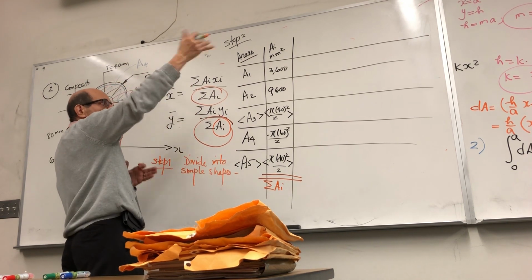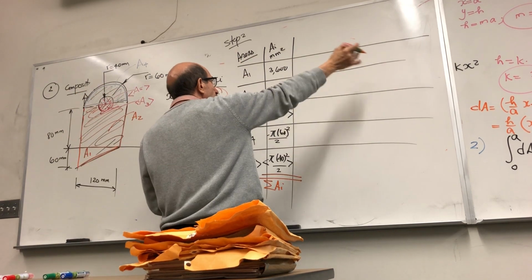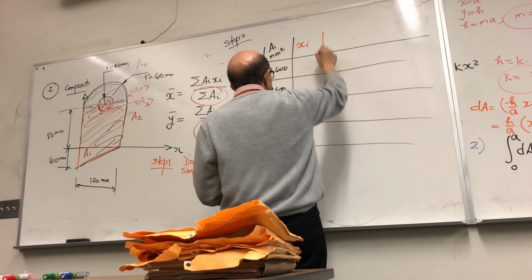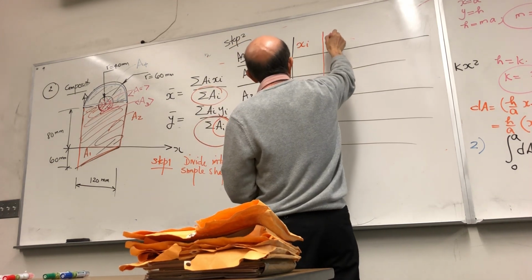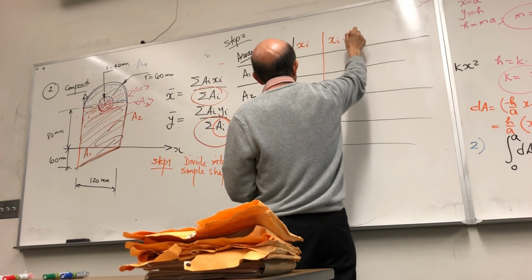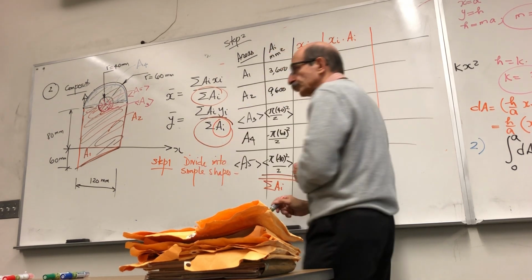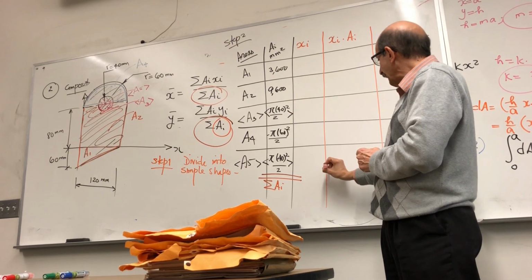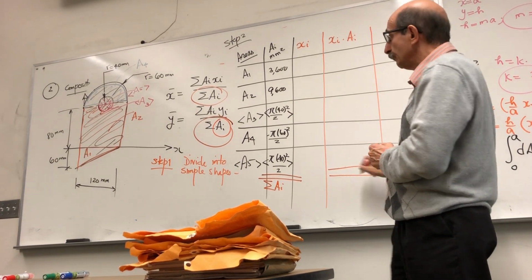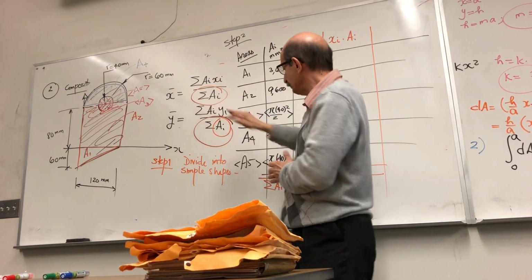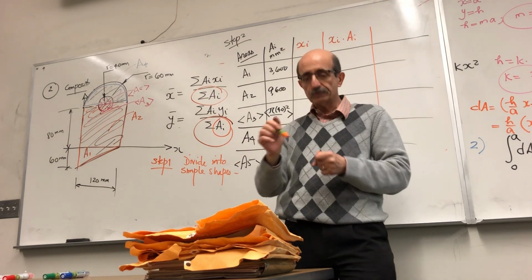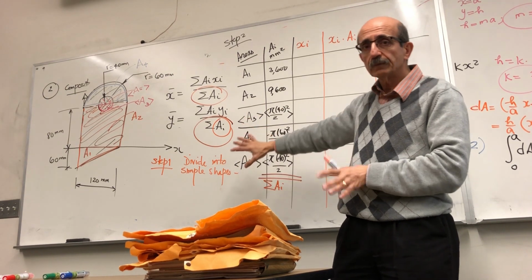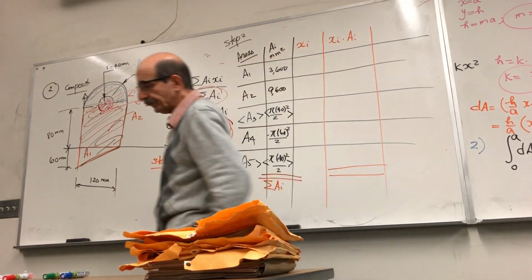Now, as you will see, as the next one, I would find xi for each of these, then I create another column, xi Ai, in such a way that when I finish this and add these up, I end up, for instance, with the numerator of the first one. So dividing these two will give me the x bar. But let me stop here. We'll go through this more thoroughly, and next time we'll finish it.